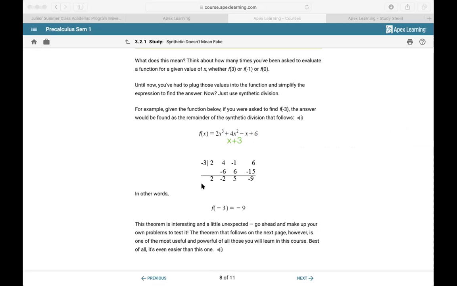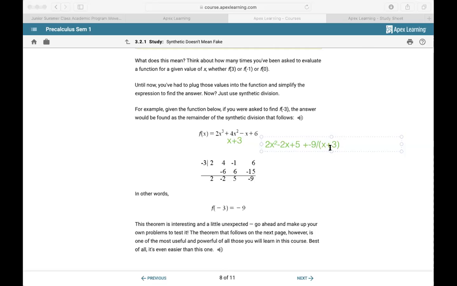And then when I solve, I'm left with the expression 2x squared minus 2x plus 5 plus -9 over the quantity x plus 3, my original divisor.